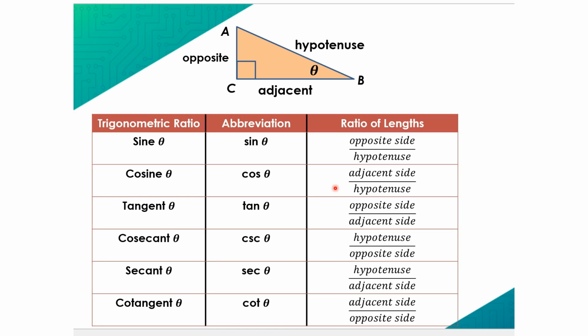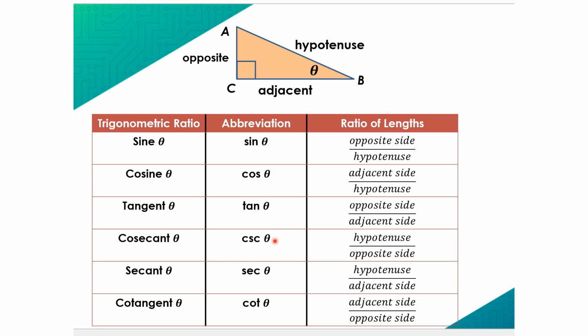The third ratio is tangent theta, which has an abbreviation of tan, and it is the ratio of the opposite and the adjacent sides.